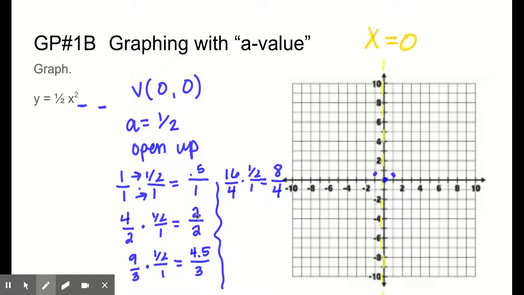Going back to the vertex, we're now going to go up 2 and over 2. Back to the vertex, we're now going to go up 4 and 1/2 and over 3. So 1, 2, 3, 4 and 1/2 over 1, 2, 3. And then we included this one, so we're going to go up 8 and over 4.